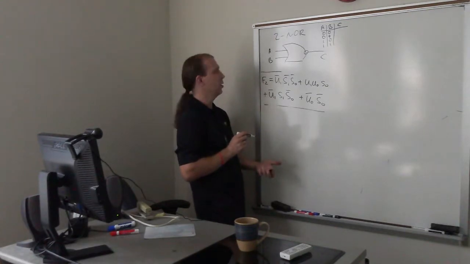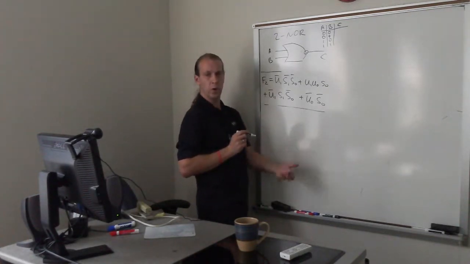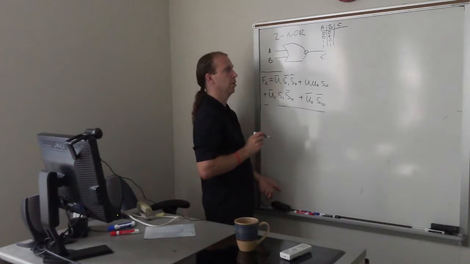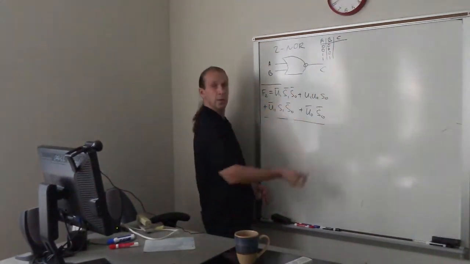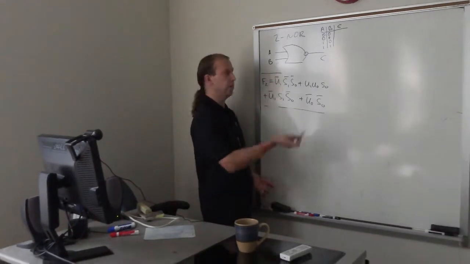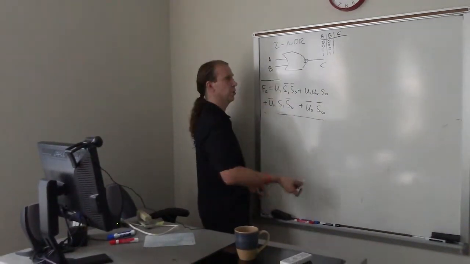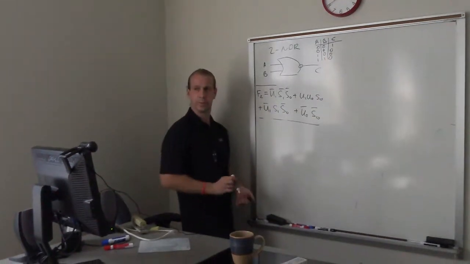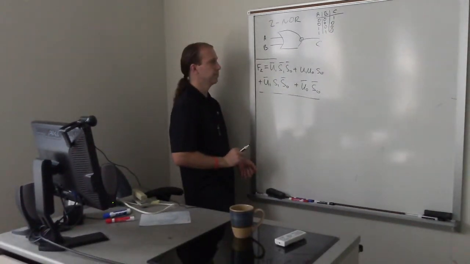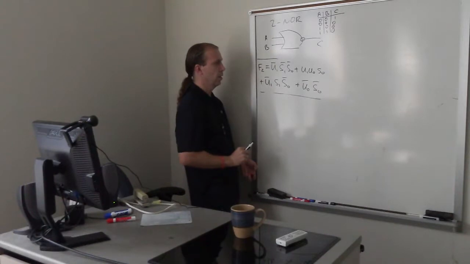Logical OR operation will have 0, 1, 1, 1. With 2 NOR, we inverse this logic. It will be 1, 0, 0, 0.